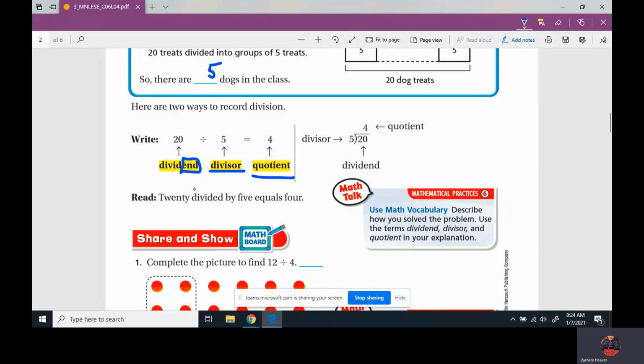The other way, and the main way to write the division problem is like this. Now, we always put the dividend underneath. The quotient goes on top, and the divisor goes in like this.